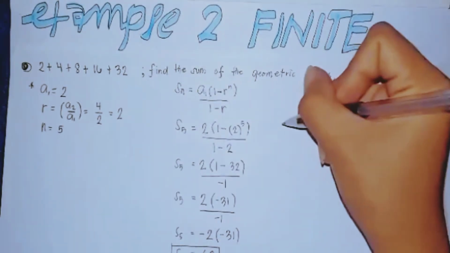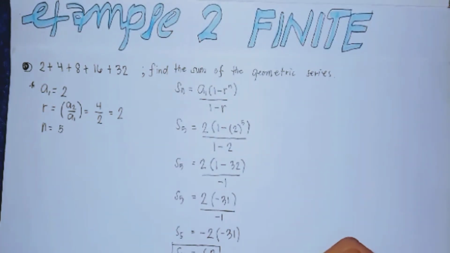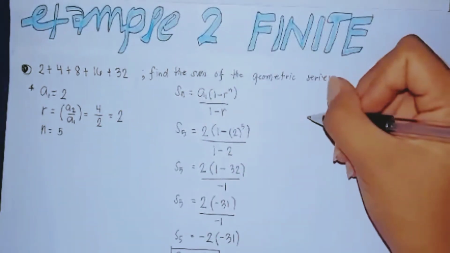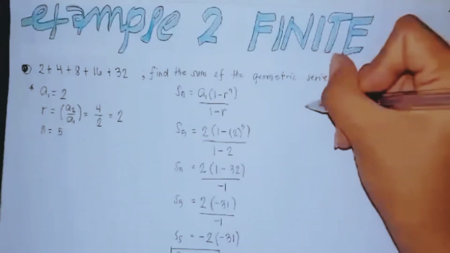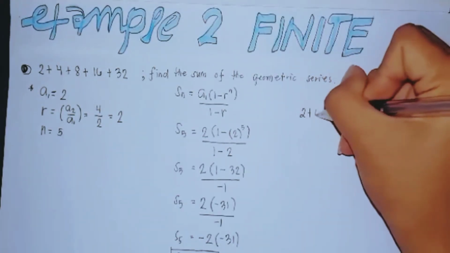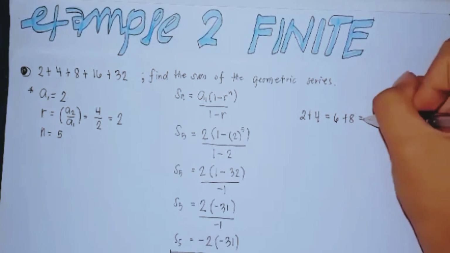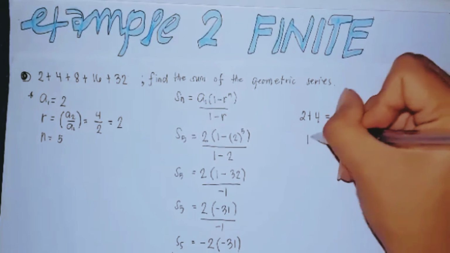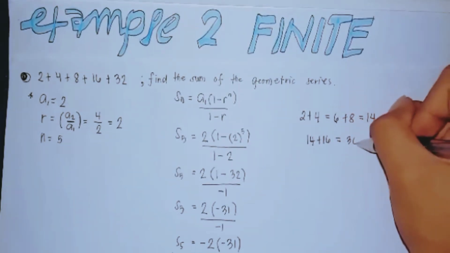So let's try to prove it, if our answer will be equal if we manually add these terms. So 2 plus 4 is equal to 6 plus 8 is equal to 14. 14 plus 16 is equal to 30.